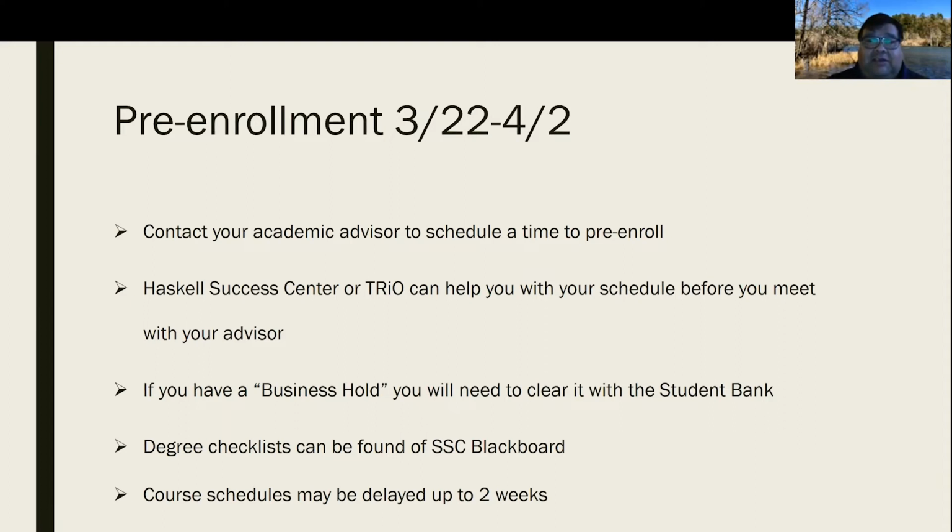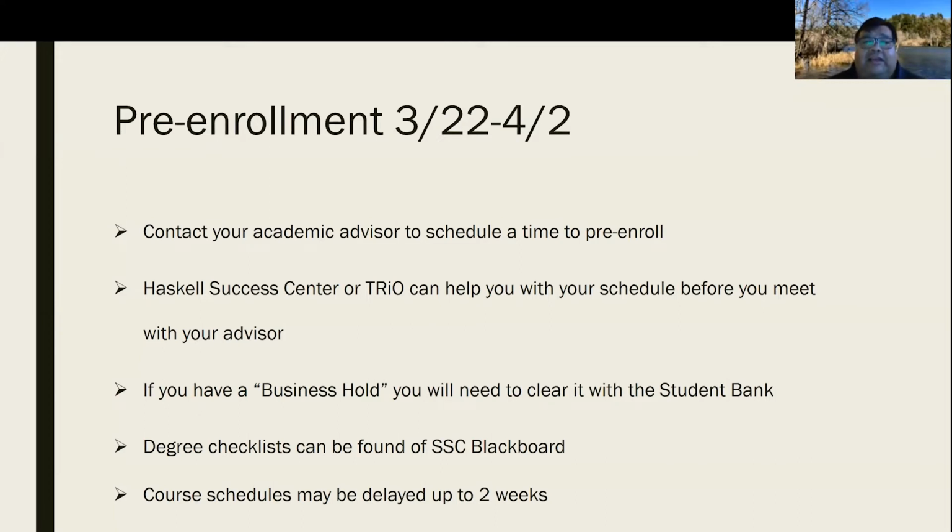Especially if you're already in a 4-year degree program, you want to map it out, because some classes may not be offered every semester or even every year. So you have to map out when you can take the courses, and that's very important.